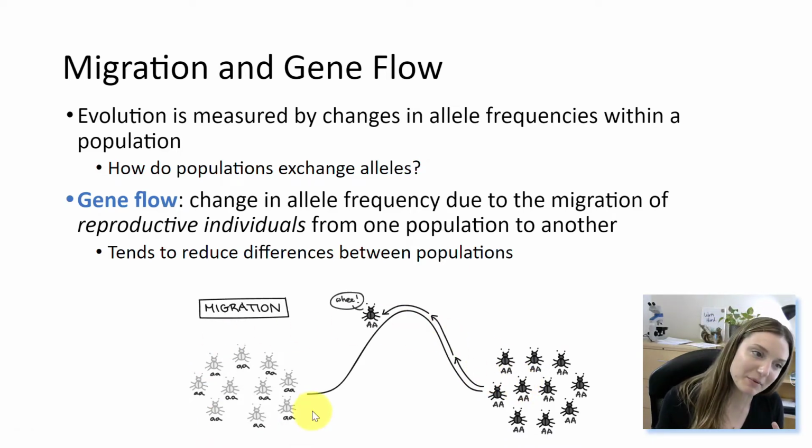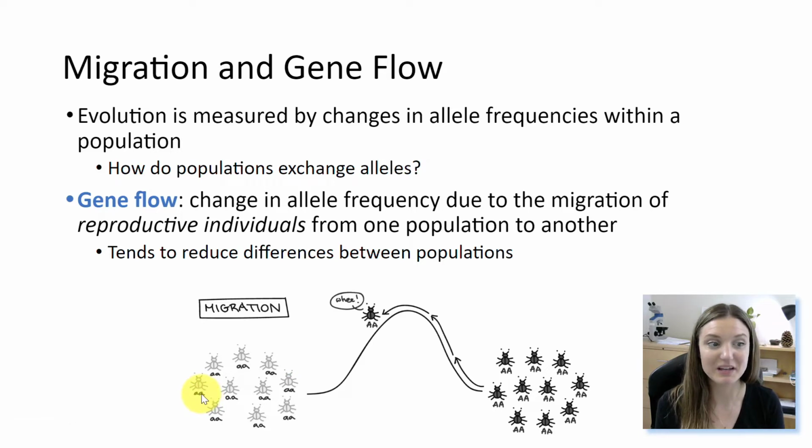And let's say this population on the other side of the mountain has only recessive alleles, right? So if we get some migration, one beetle migrates and moves over here to this other population, that changes pretty significantly the genetic composition of this population. So the allele frequency has changed, so we would say this population has evolved without natural selection playing a part.